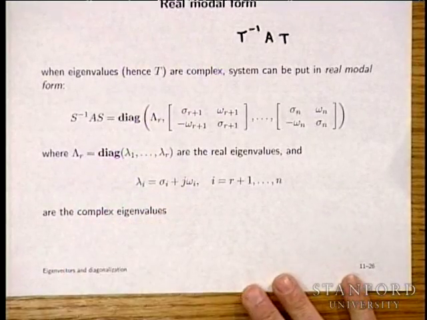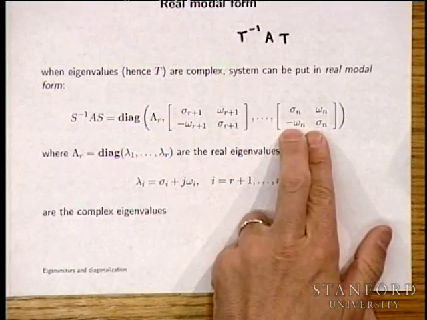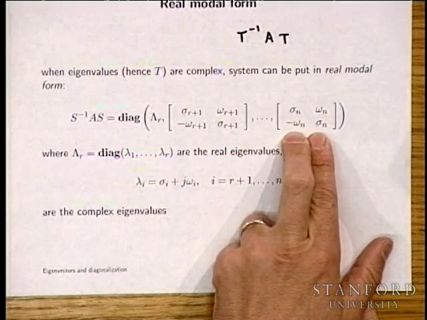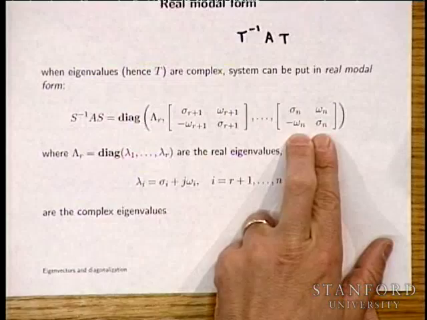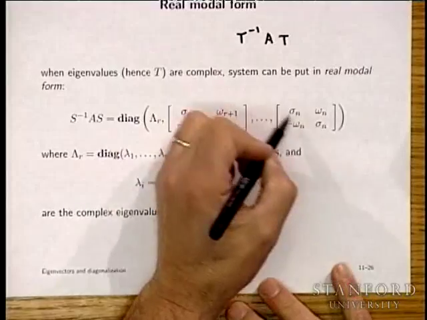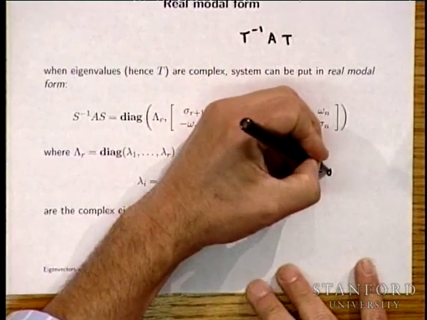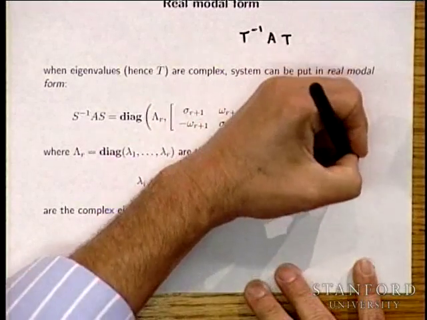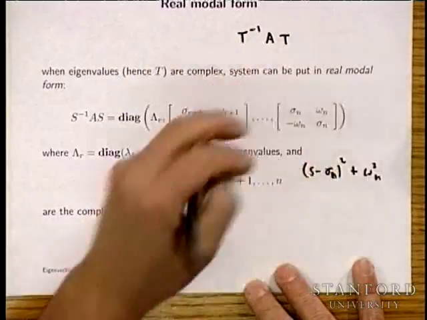Okay. So you get these little blocks. By the way, these little blocks like this, you should by now start recognizing. So a little block that looks like sigma n, omega n, minus omega n, sigma n. The characteristic polynomial of this is (s minus sigma n) squared plus omega n squared, like that.